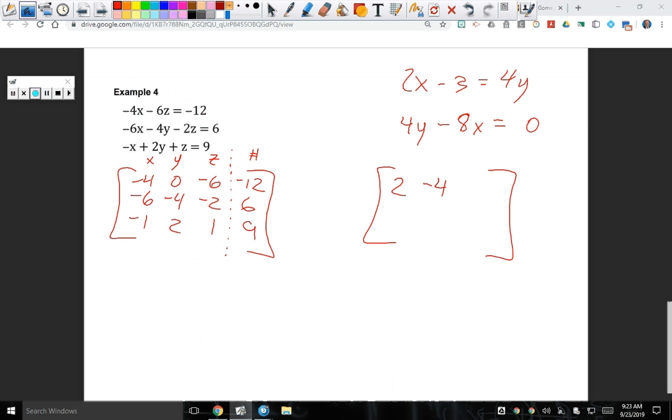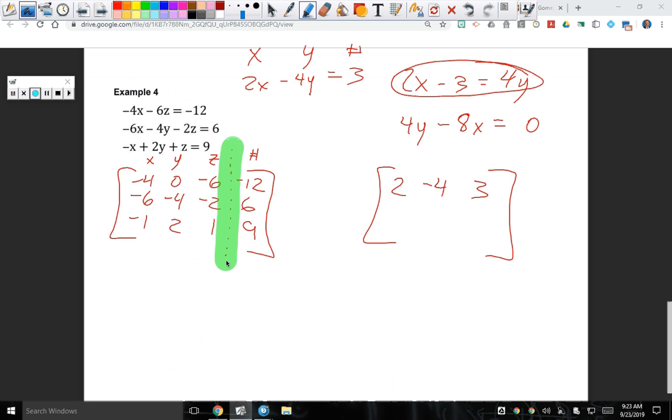Okay? And what? A positive 3. Because we have to change this to match up so that it's 2x minus 4y is equal to 3. We've got to do algebra 1 real quick and put it in standard form where the x and y's are on the left side of this equal sign and the number is on the right.